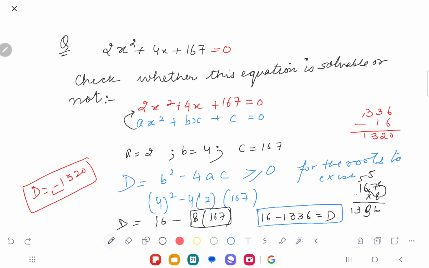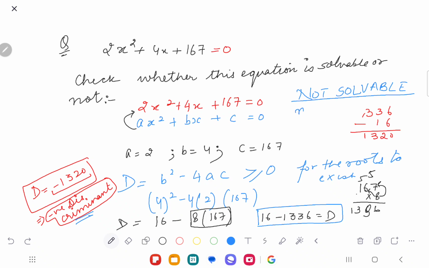And this discriminant, since it is coming out to be negative, I hope you're understanding what this negative discriminant is going to do. This negative discriminant is going to tell me that this equation is not solvable.